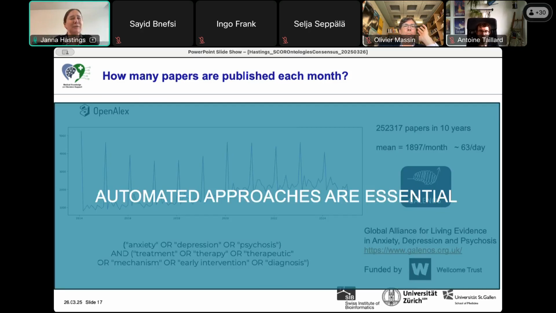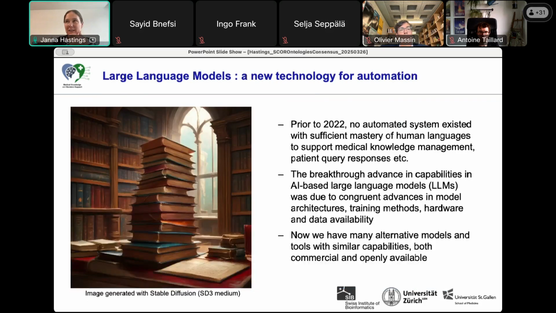So there is a really strong need for automation in this area, for automated computational approaches that are able to say, okay, let's get as much as we can automatically, and then we can get the humans to look at the most relevant parts that humans have to look at, but let's automate as much as we can automate. And in this area, of course, language models have emerged in the last few years as a really key technology to address this challenge.